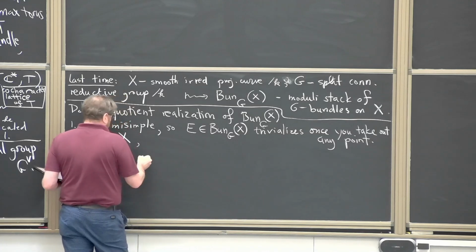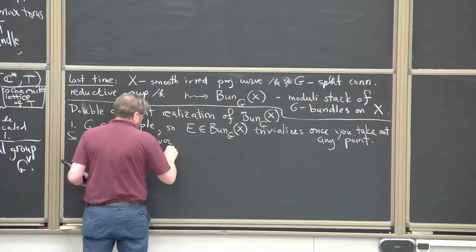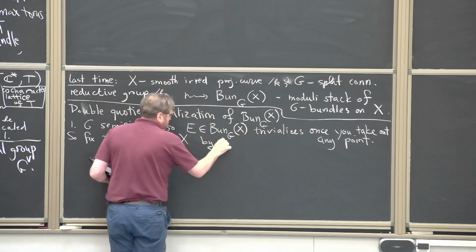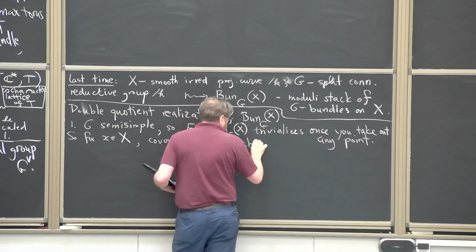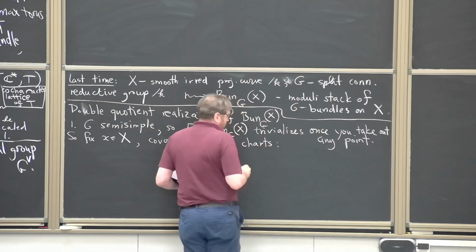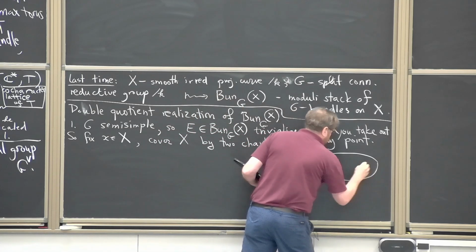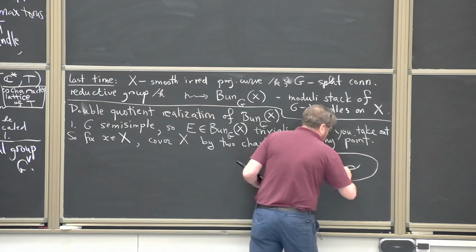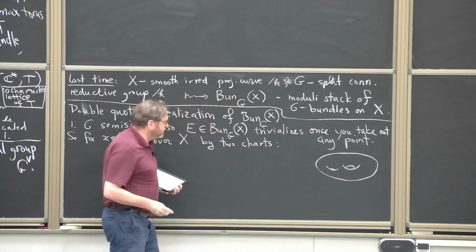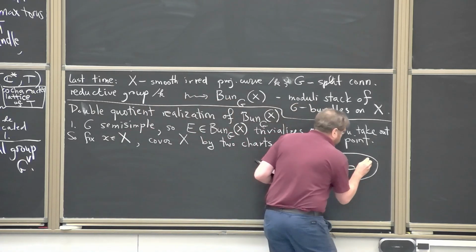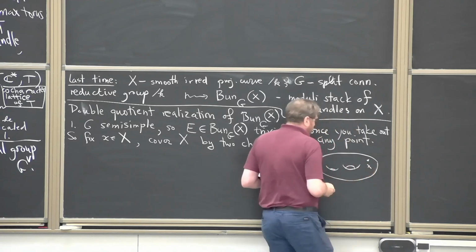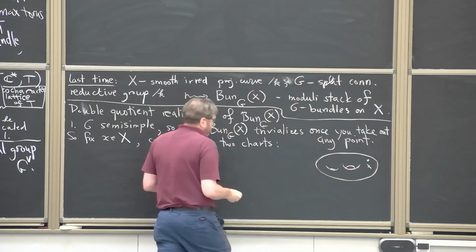And then we can cover X by two charts. So let's draw X. So it's a curve. So if our field is complex, it's a Riemann surface. And then this is our point x. And I'm going to cover it by two charts.